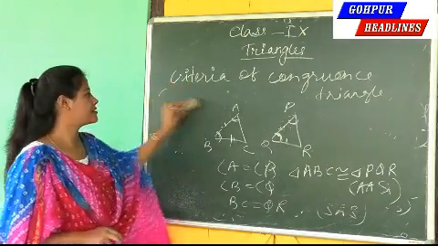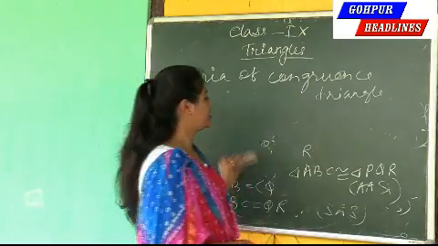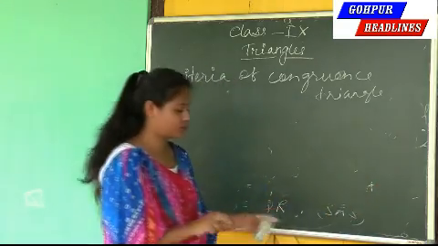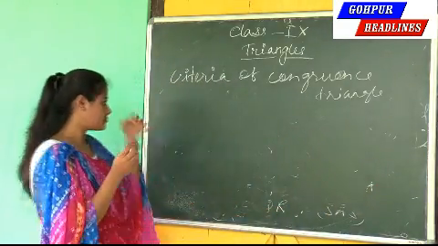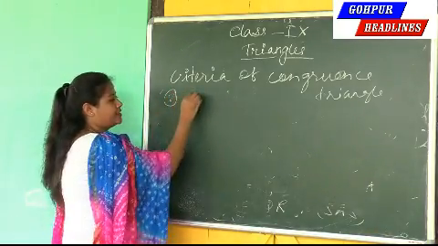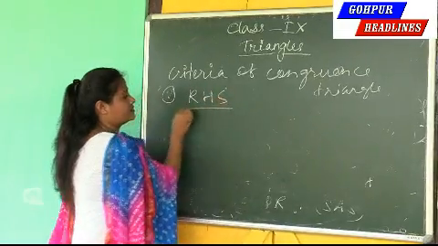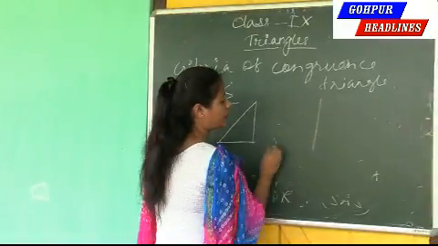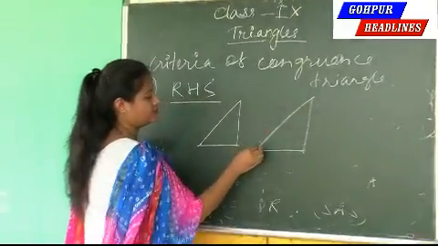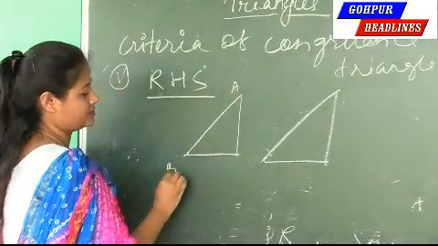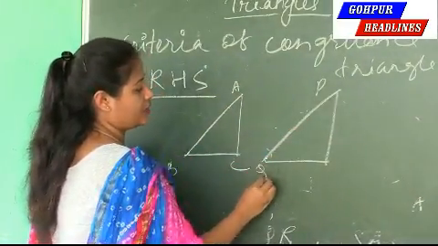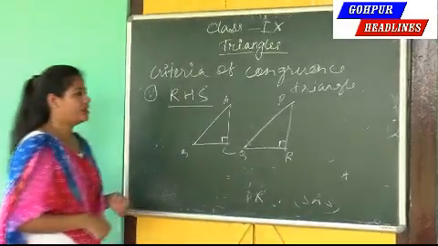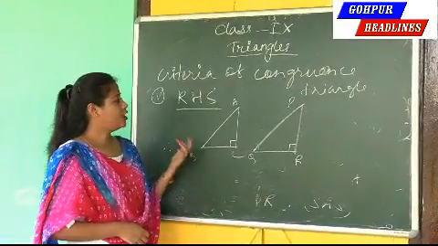The last one is RHS, the criterion of right angle, hypotenuse, side. We take two right angle triangles, where one angle must be 90 degrees. Take ABC and PQR, where angle C and angle R are 90 degrees.